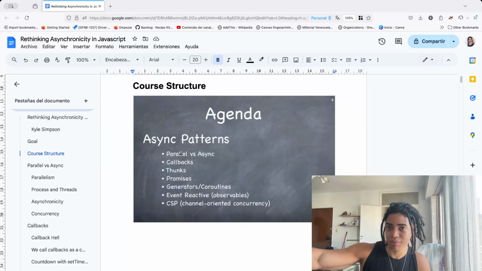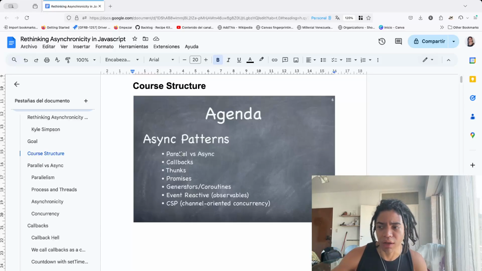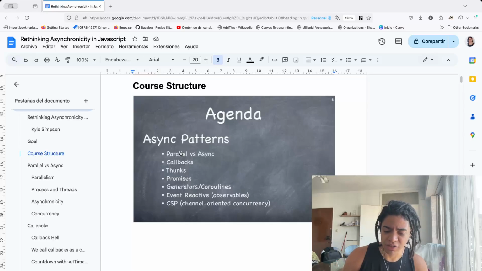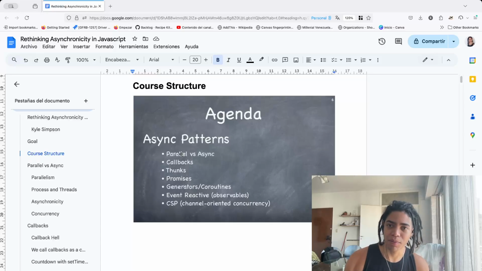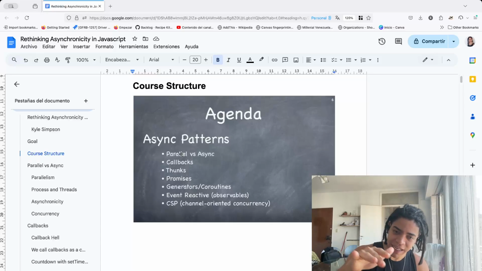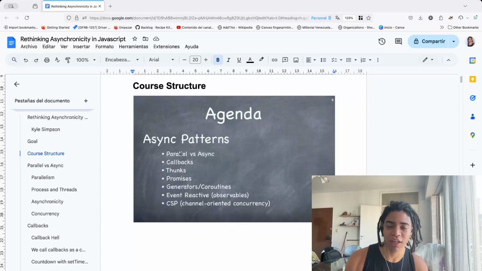This comes from a programming language called E. One of the TC39 members, Mark Miller, one of the creators of the programming language E, said: hey, this is something that we have in this language called futures, so let's propose that for the language. That's why promises landed in the language.